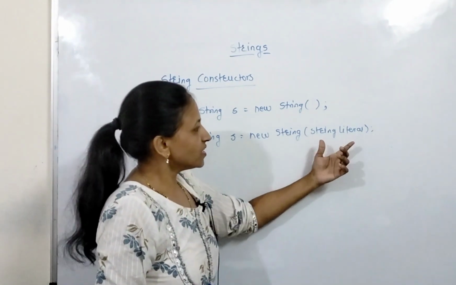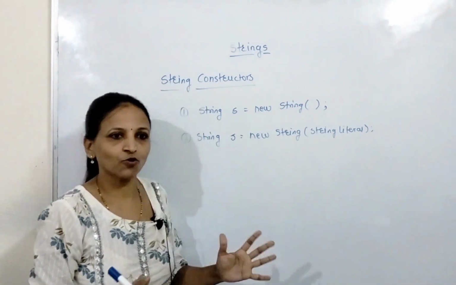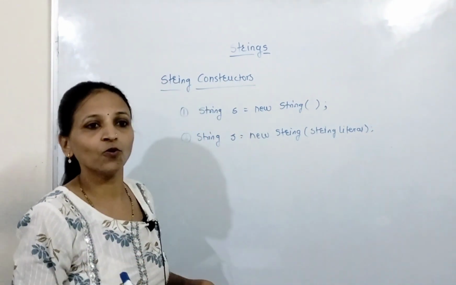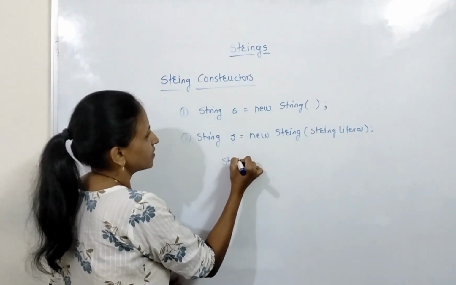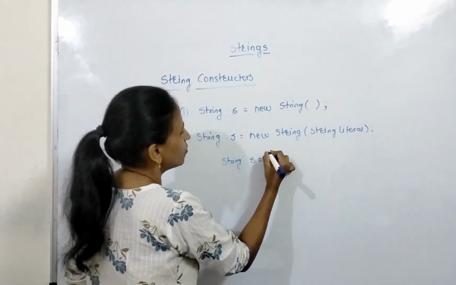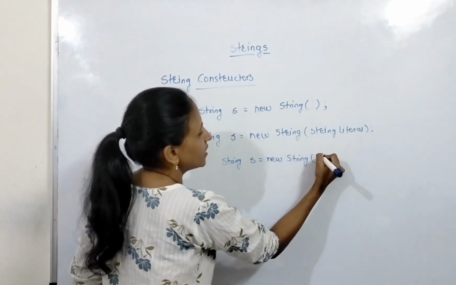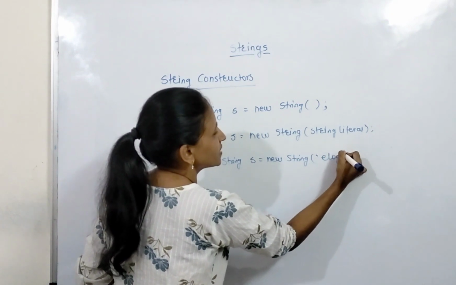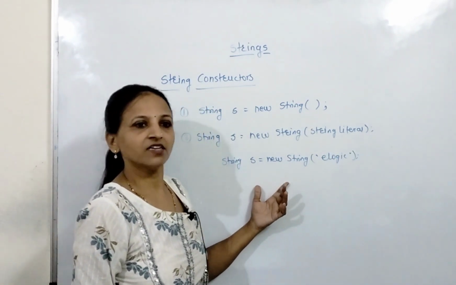Here an equivalent string of that string literal will be created automatically, means this object will hold that string literal internally. For example, String s equal to new String, and here in double quotes you have to pass that string. In this way you can use this constructor to create a string.